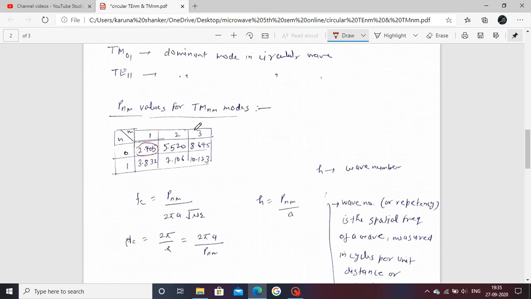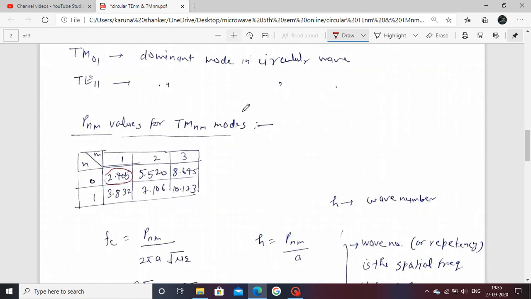Next, in a similar way, the values for the TM nm mode, by observing this table and by calculation of the Bessel function for the transverse magnetic wave, the lowest value is 2.405. Here n is equal to 0 and m is equal to 1. That's why the dominant mode is TM01.